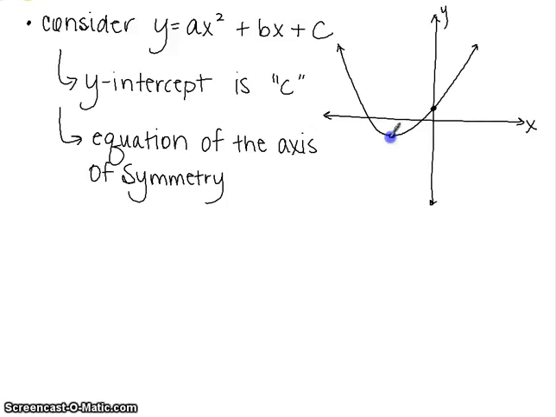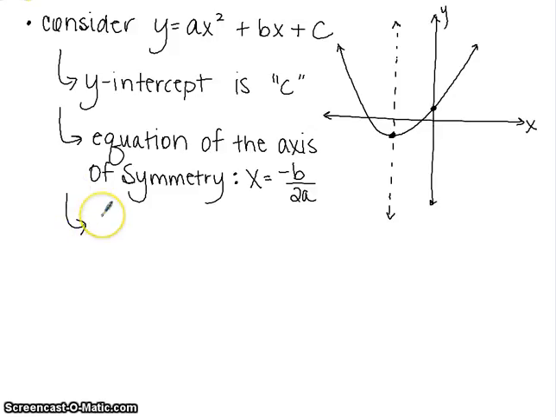The bottom, which we refer to as the vertex, this axis of symmetry is going to be the vertical line that goes through the vertex. So that would be like if we were to fold this parabola in half, that would line up both sides of that parabola because parabolas are very, very symmetrical. Okay, and the equation for the axis of symmetry is x equals, because it is a vertical line after all, x = -b/(2a). And you get the b from here, the a from there.